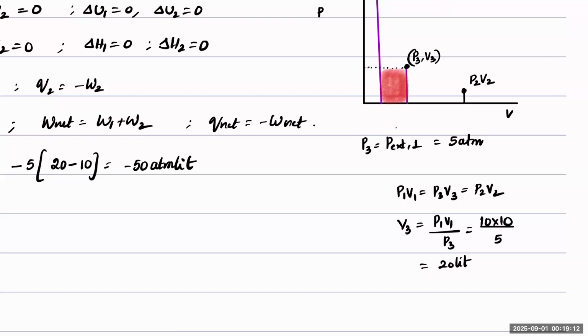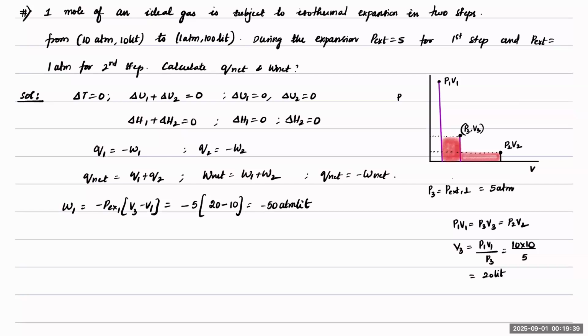And now if you notice the second one, from here it is going all the way to this point, which is 1 atm. So what work done are you trying to figure out from here? This time, the work done you are trying to figure out is this area, which is the work done in the second step.